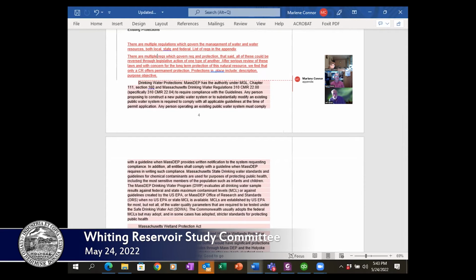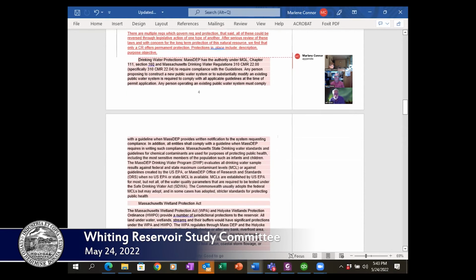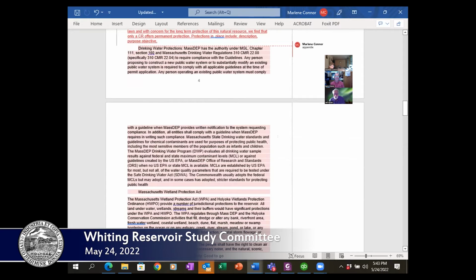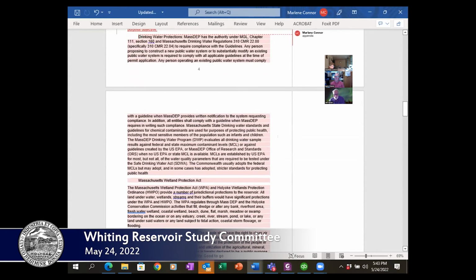I know we've discussed this before, but when I read this again today, it seemed, as Dave said earlier today in an email, CRs all over the place.